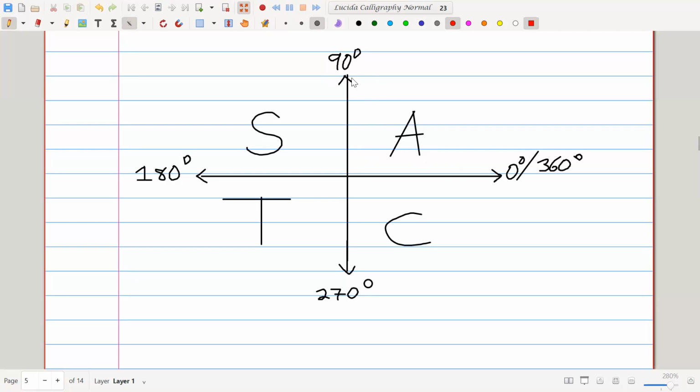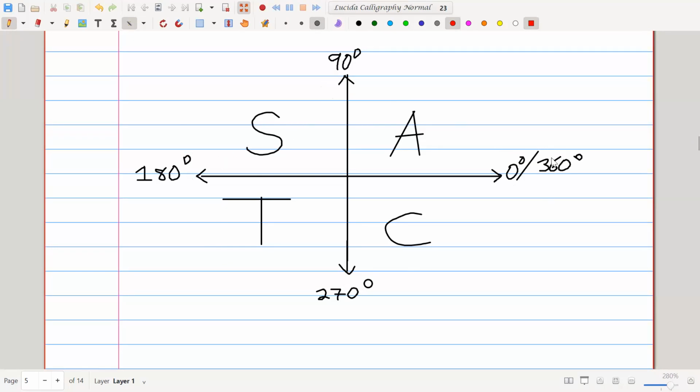Then you move again 90 degrees to the horizontal line, which is going to be 180 degrees there. Then once you move 90 degrees again, you get 270 degrees, and add another 90 degrees to go back to 0, which is the same as 360. So this will help you to actually locate.